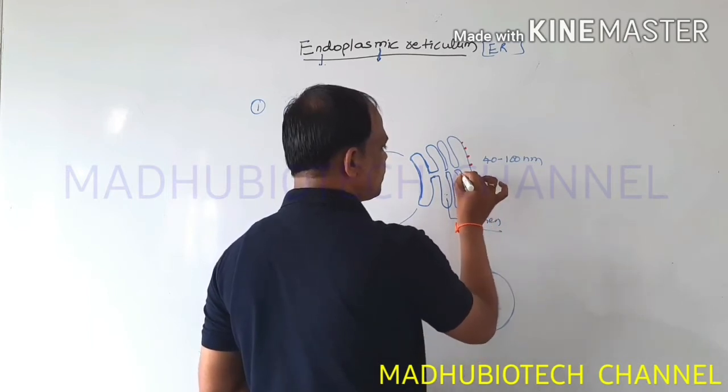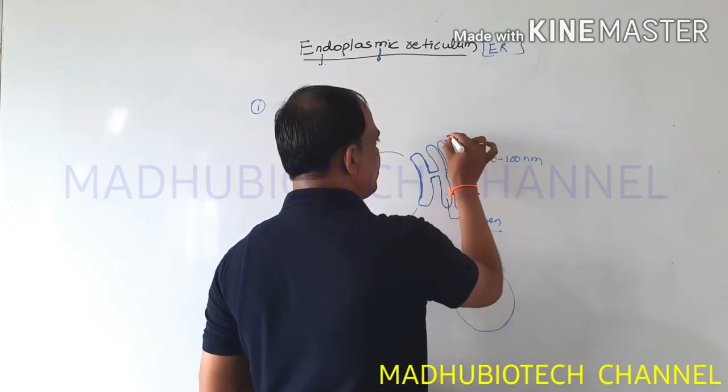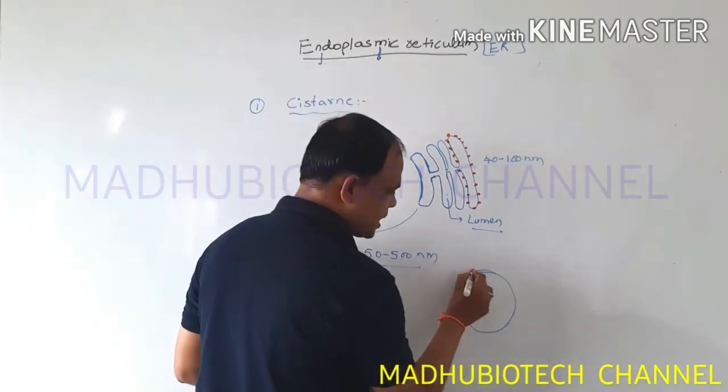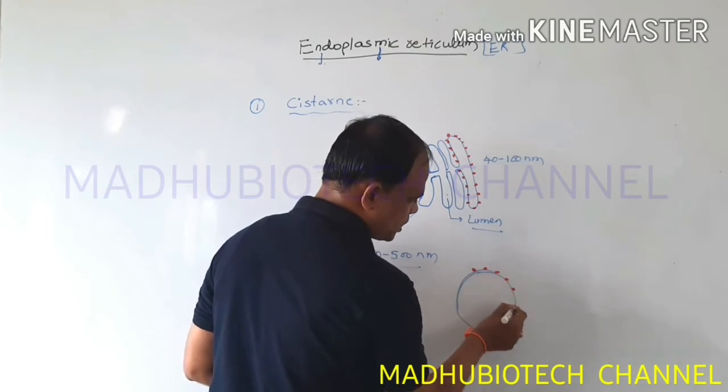At the external side of the nuclear membrane, this is the endoplasmic membrane, and the vesicles can also contain ribosomes.